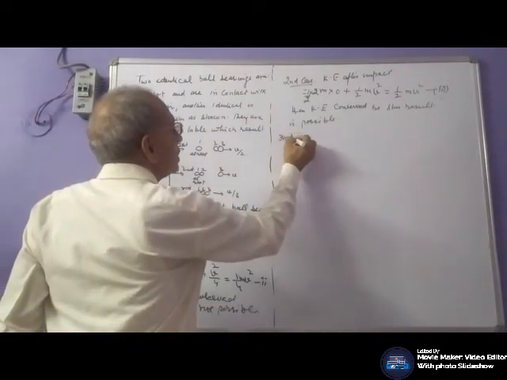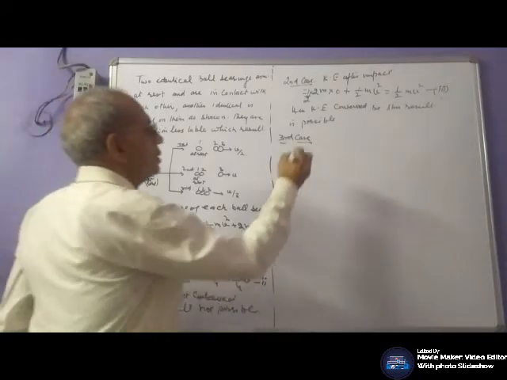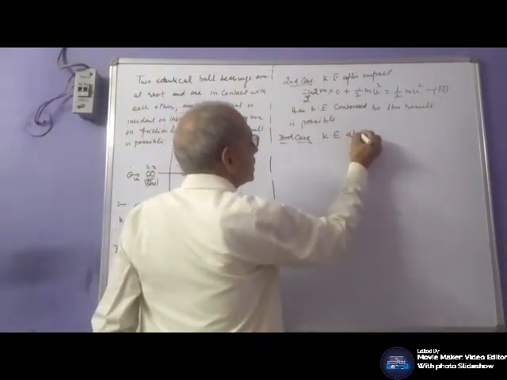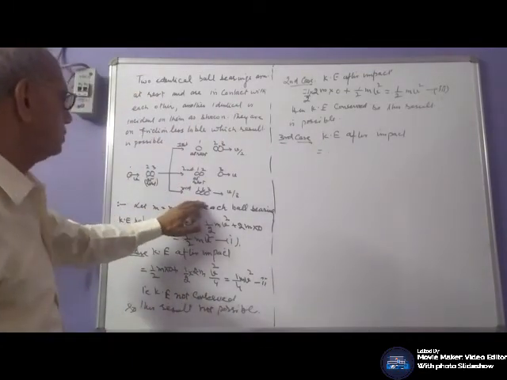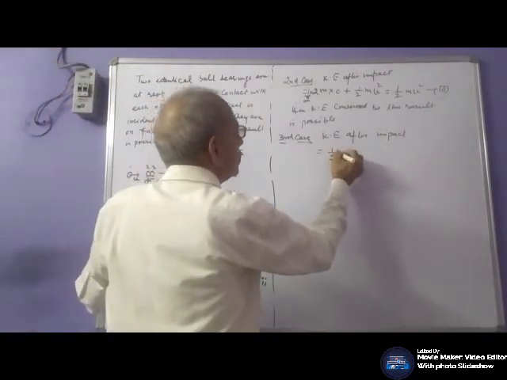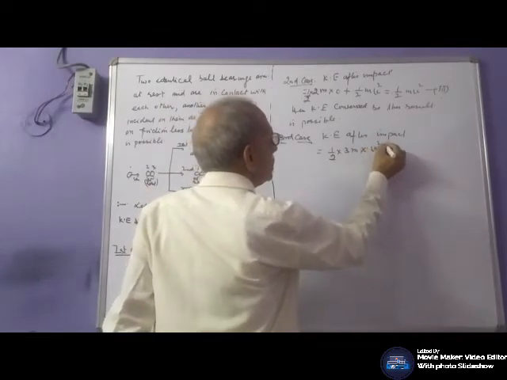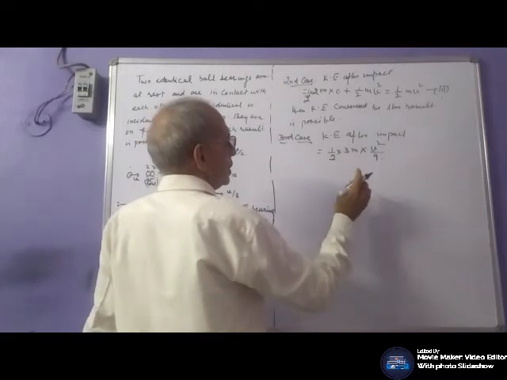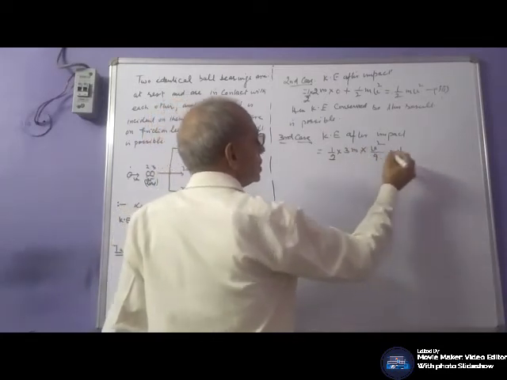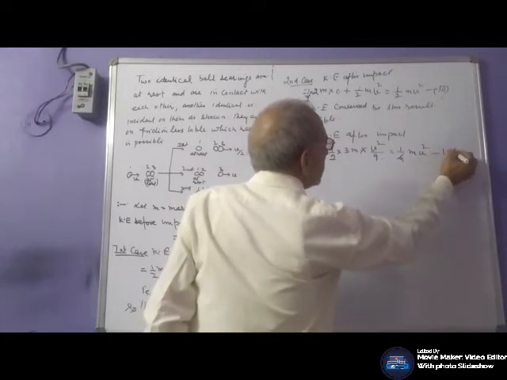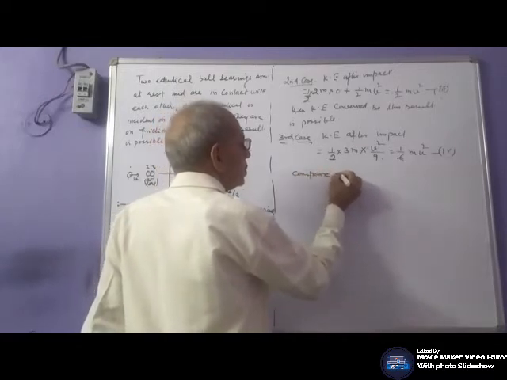Third case. Kinetic energy after impact: half m plus m plus m into v square, which gives 1 by 6 m v square, compared with the first.